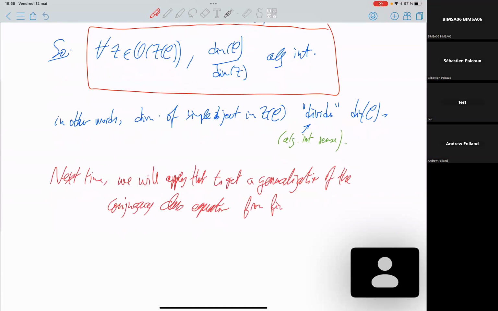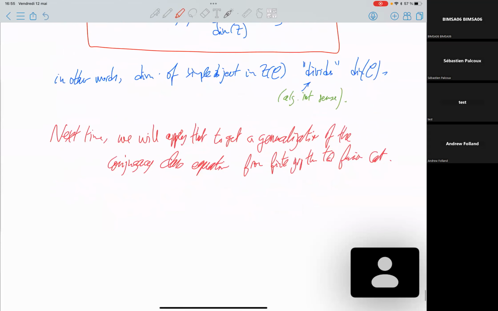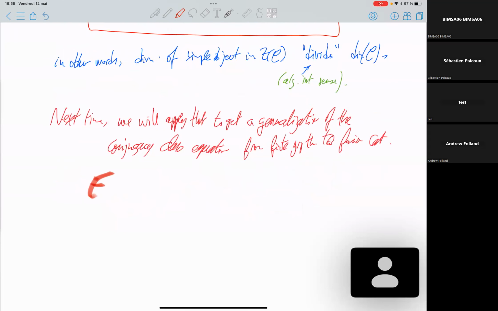So from finite group theory to fusion categories. That's really nice. And so it's finished for today. It's the end of the session.